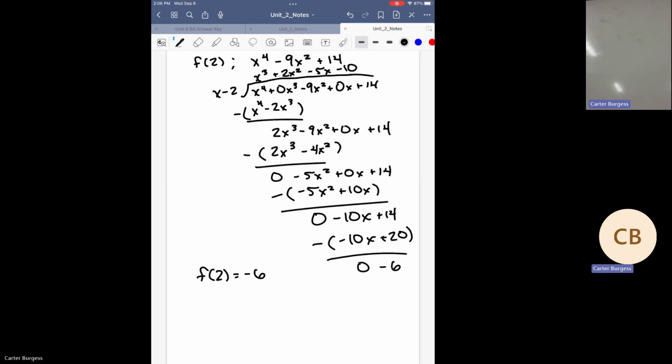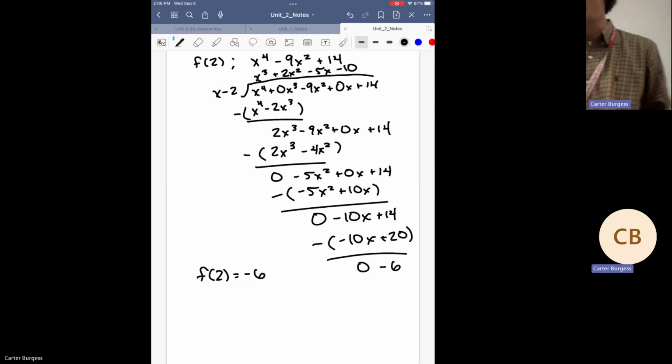All right, what do we notice about this process? What else could we have done? We just plugged 2 into our function, right?